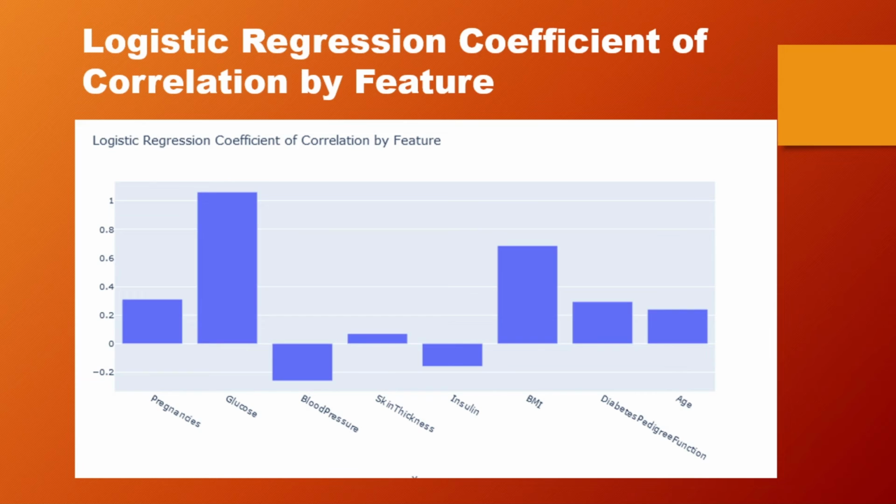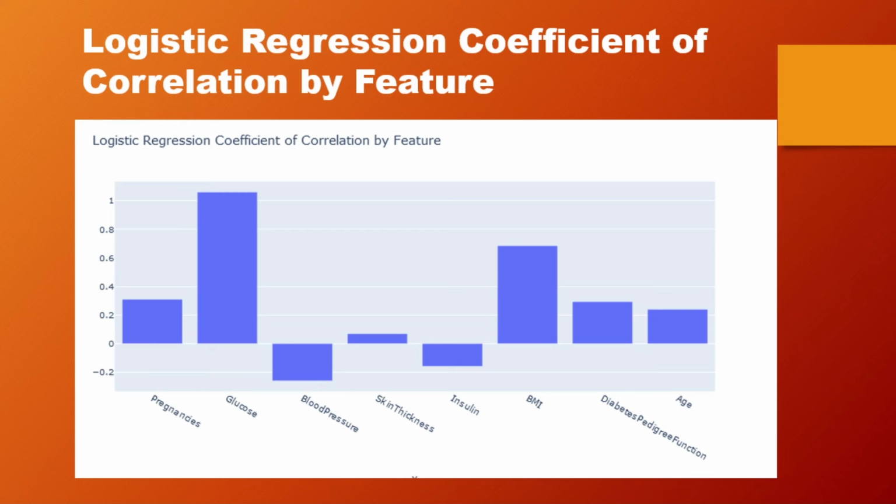This is one graph I've generated from the logistic regression model. This shows the coefficient of correlation by feature. So as we can see, pregnancies is positively correlated, around 0.3. Glucose is the highest, above 1. Blood pressure is negatively correlated.